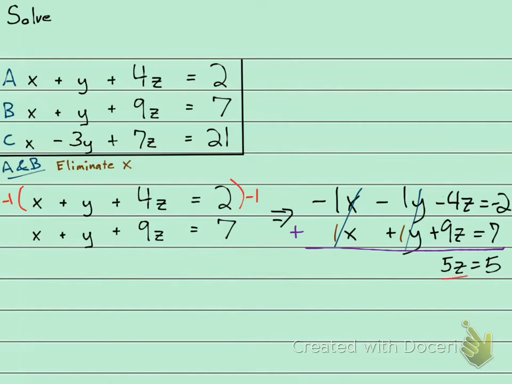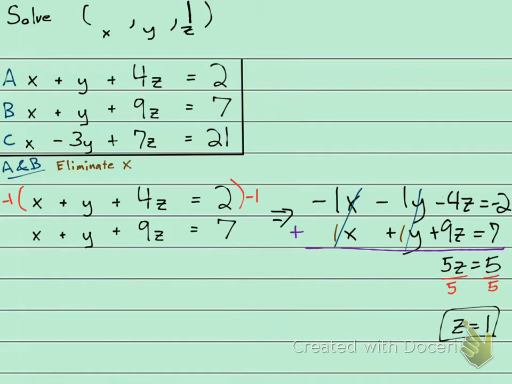I can find z by dividing by 5 on both sides, so z equals 1. When I get a nice number like that, I feel pretty good about it. I went straight to one of my answers. In my answer, I'm going to have an x, a y, and a z, and I know that z is 1.